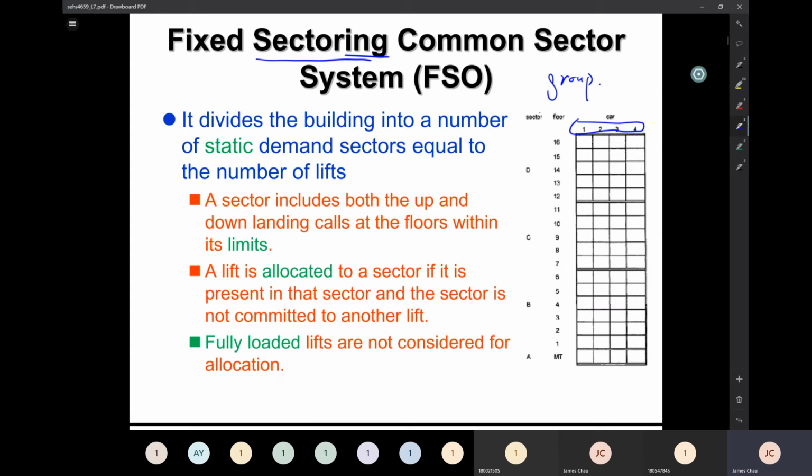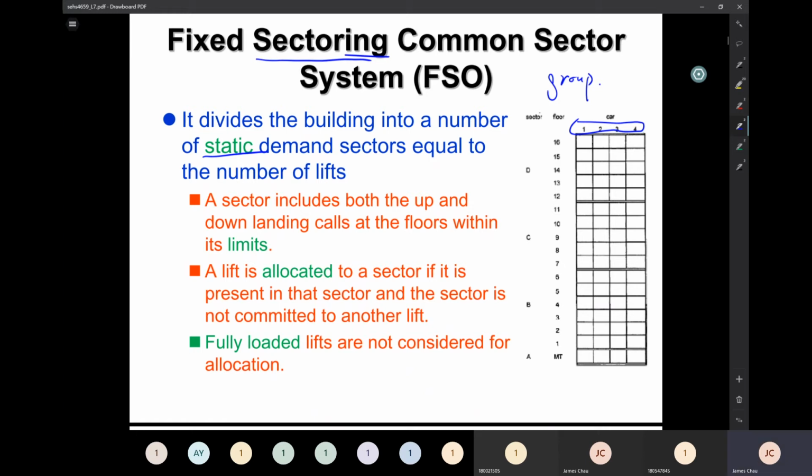So far, we have 2 types of zoning. The first type is static demand zoning, in which we assign a lift to an even number of floors, so that we try to make the lift service become balanced.